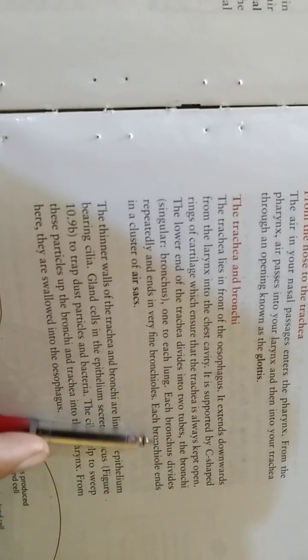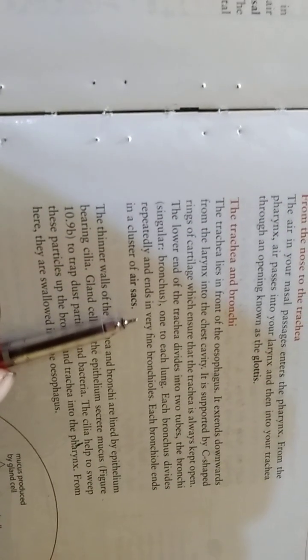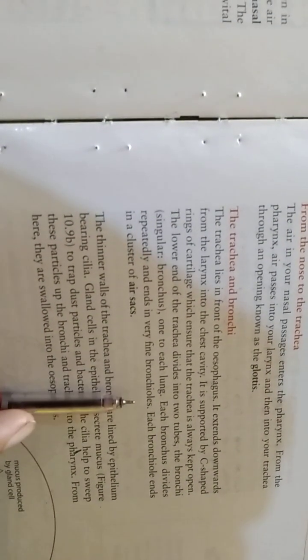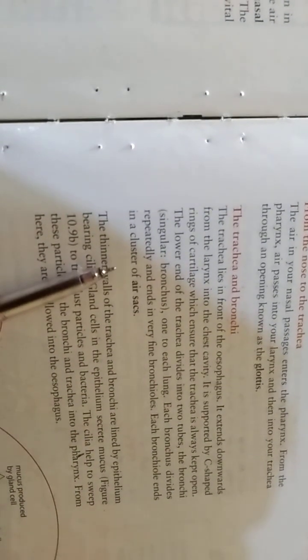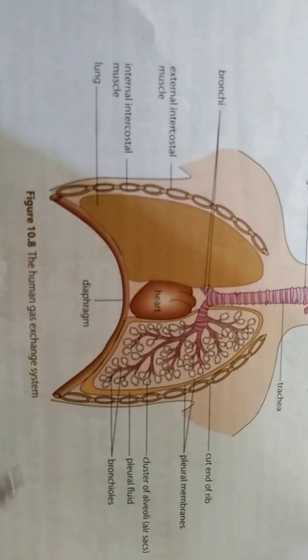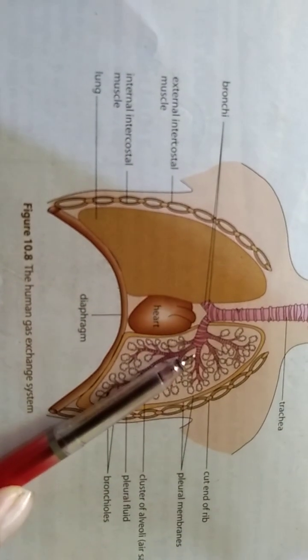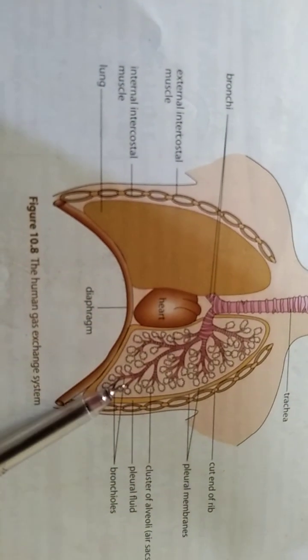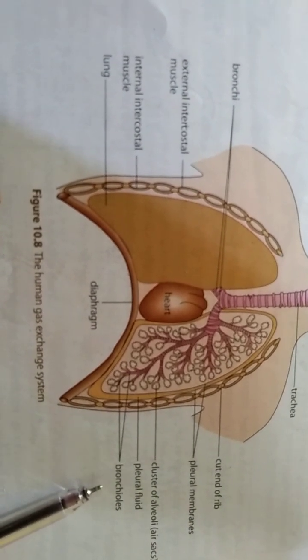Each bronchus divides repeatedly and ends in very fine bronchioles. Each bronchiole ends in a cluster of air sacs. Bronchi enter into two lungs and are further divided into very small bronchioles.